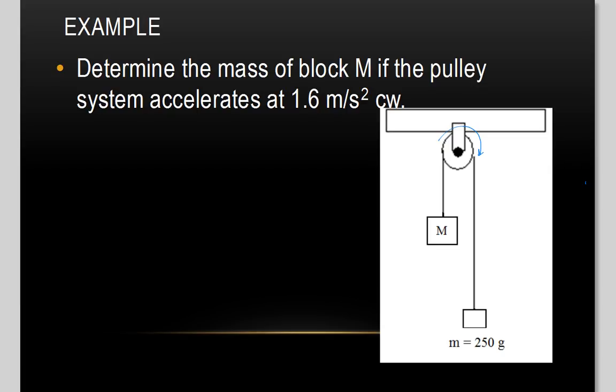Capital M is going up, lowercase m is going down, so this one must be more massive. So if I was to analyze this situation, I'd call this FG capital M, and then this one would be FG for lowercase m.